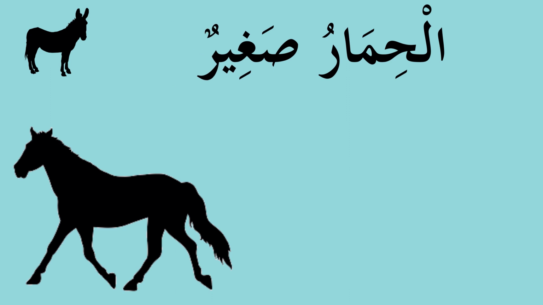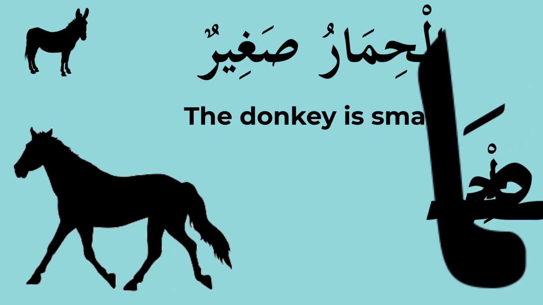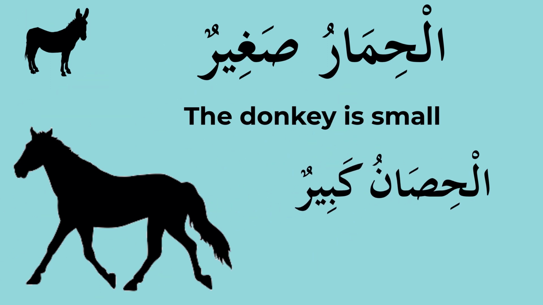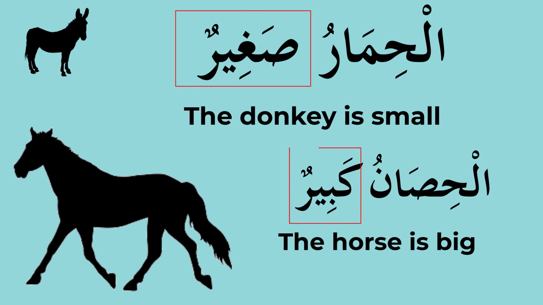Next one, al himaru saghirun. The donkey is small. Wal hisanu kabirun, and the horse is big. Do you see the khabar is indefinite? All the time indefinite. Brother, tell me, isn't it easy? I hope you will find it easy, because we will be repeating these things, inshallah.